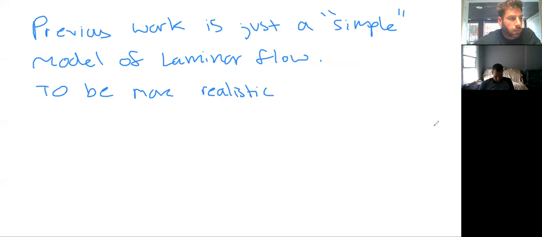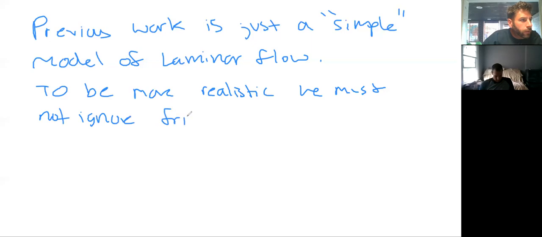So to be more realistic, what we must do is we must not ignore friction. I mean, as you would imagine, let's draw a simple picture.